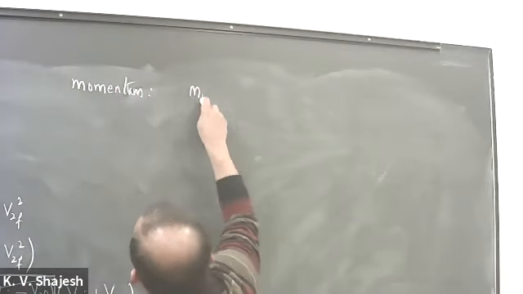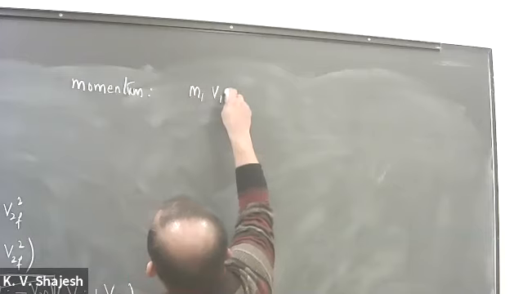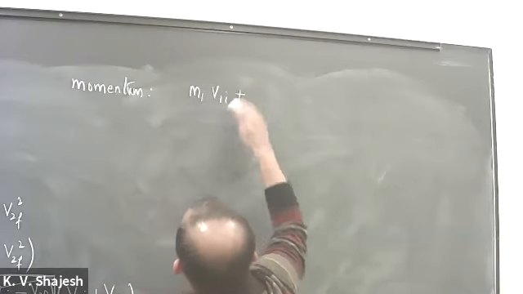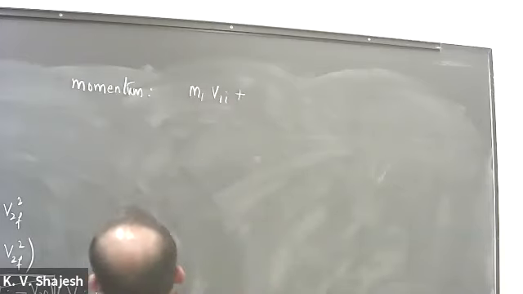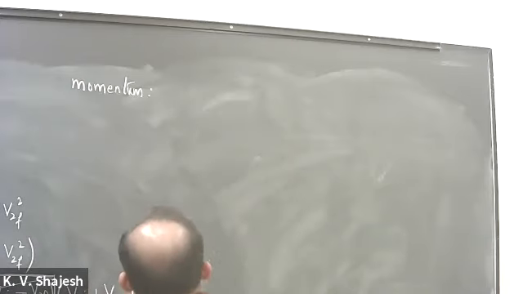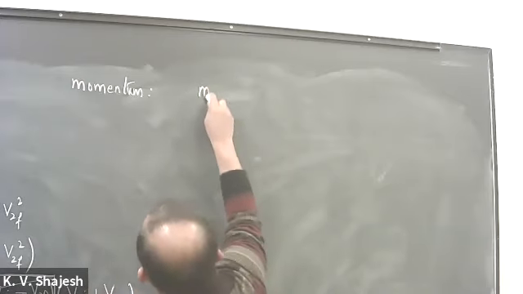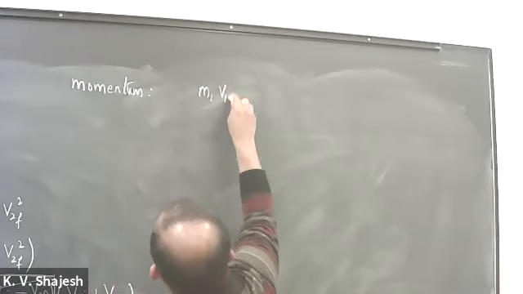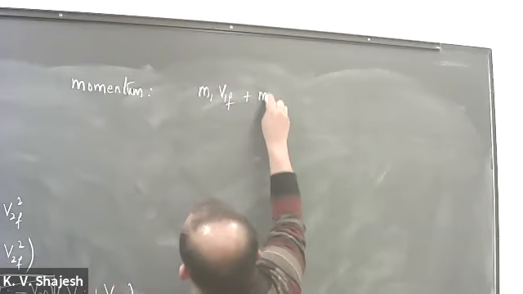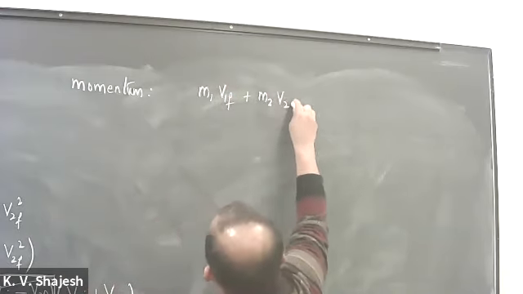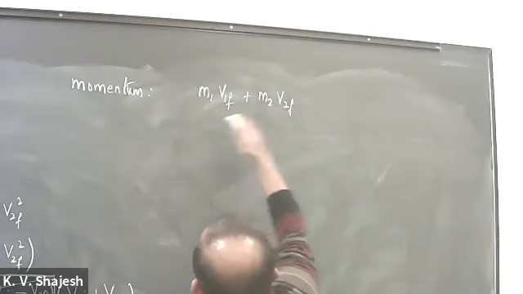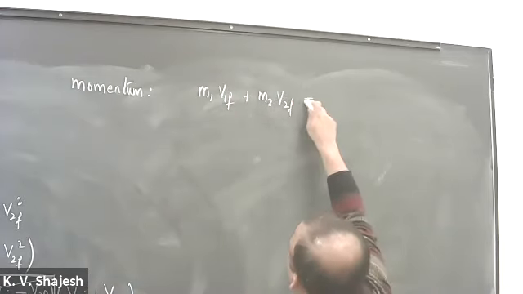Now again, I go back to my original form, M1 V1 initial plus, actually, let me write the final expression first, what are the unknowns. So let me write that as M1 V1 final plus M2 V2 final, because these are the two unknowns I'm looking for, right? So let me write that on the left.